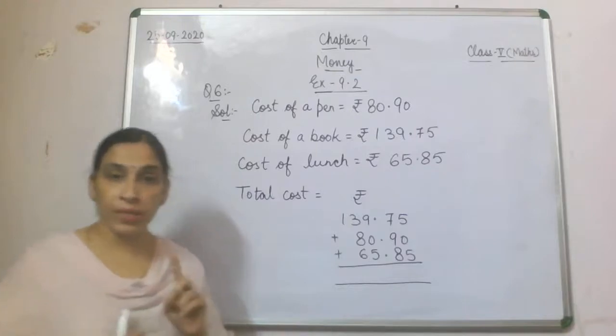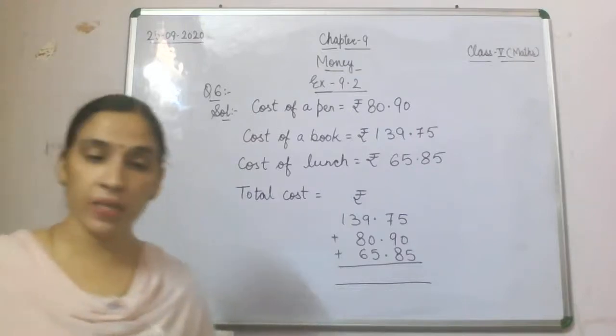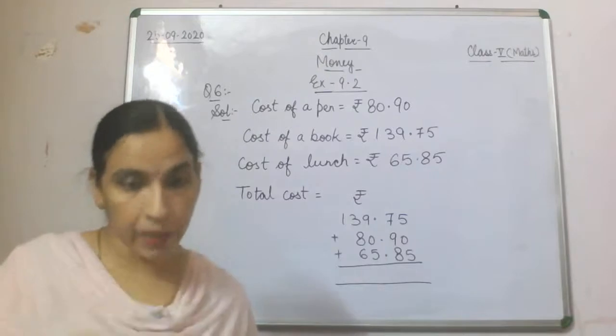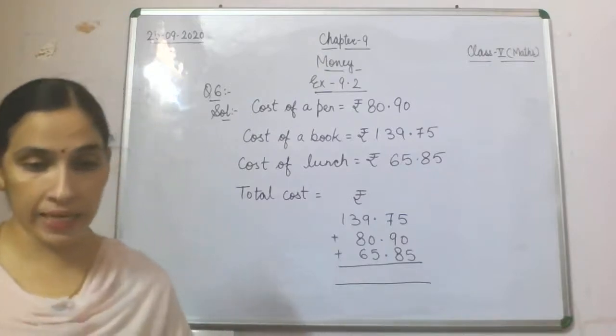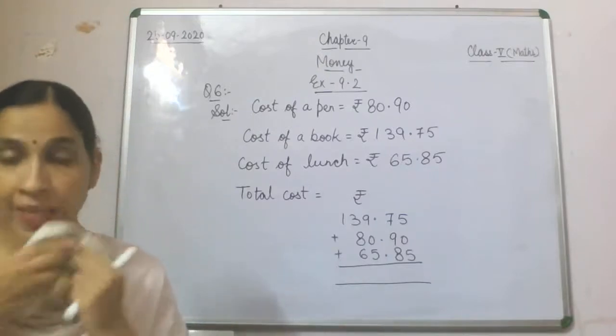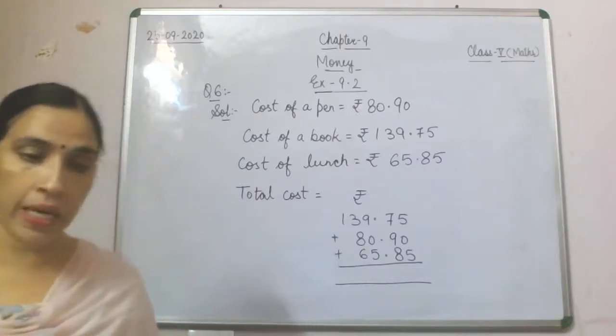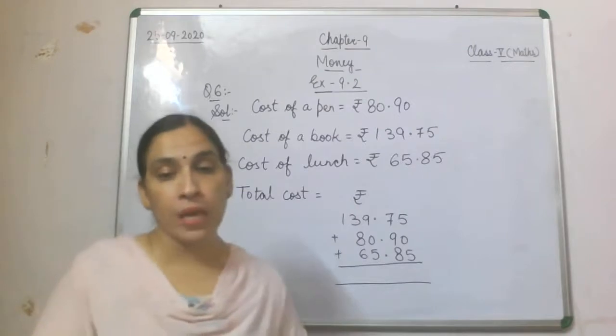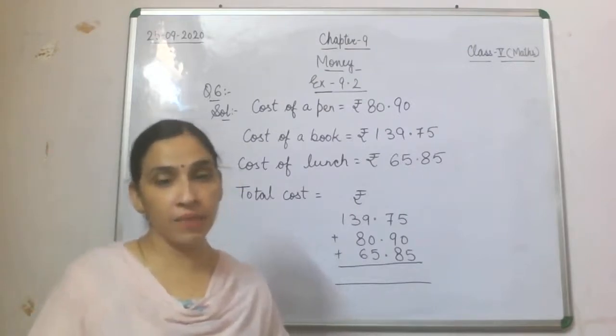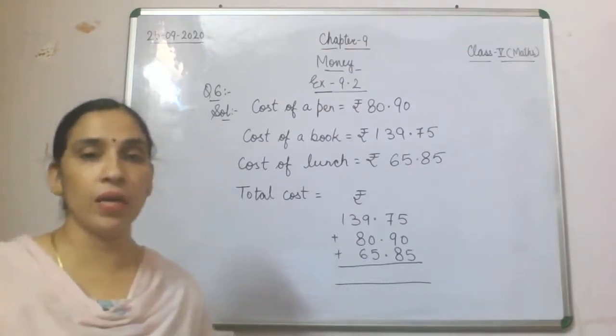Fine. So let's read the question once. What is given here? That Ritik bought a pen for rupees 80 and 90 paisa and a book for rupees 139 and 75 paisa and spent rupees 65 and 85 on lunch.